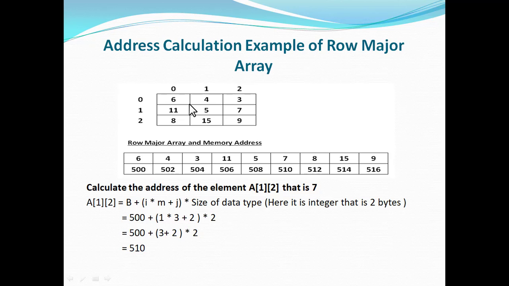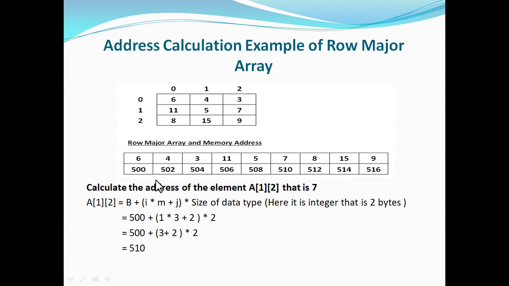Whenever we represent it in row measure, it will store the first row 6, 4, 3, then 11, 5, 7, and then 8, 15 and 9 sequentially. If the address of the first element starts from 500, and it is an integer, it will take 2 bytes. So the next number will be stored at 502, then 504, then 506, like that.